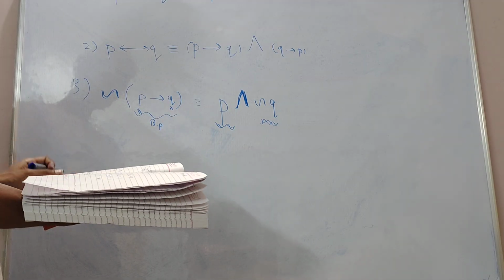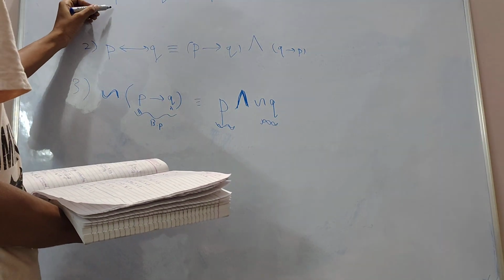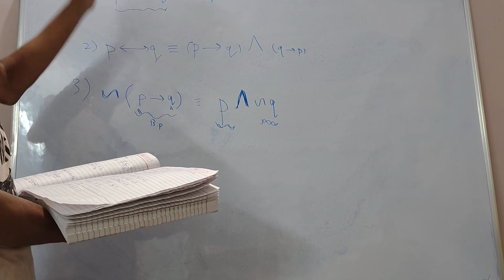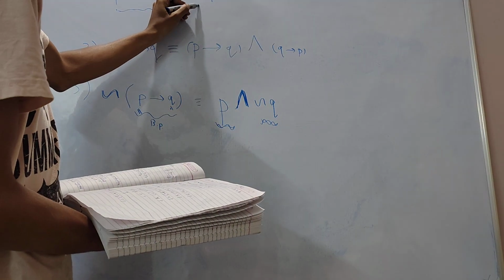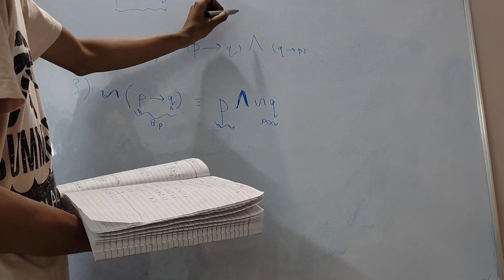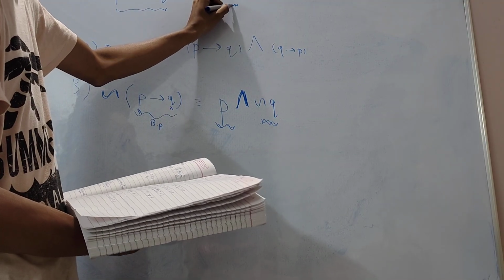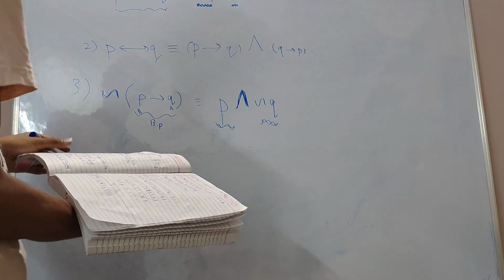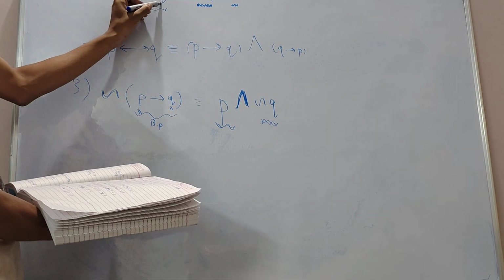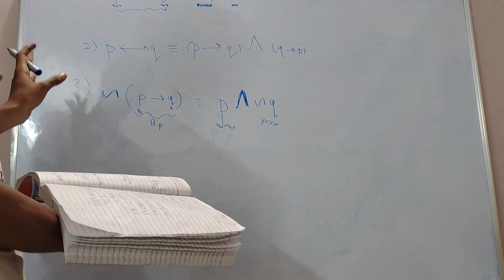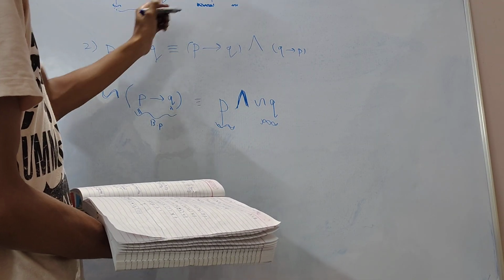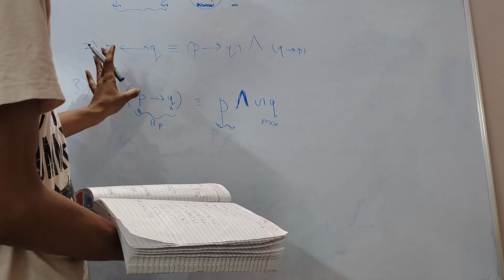And the first one is, suppose this means P happens and then Q happens. Now if P does not happen, right, then Q might happen, right? Suppose it is raining. Raining means P and I will carry umbrella. Umbrella means Q, right? Now it is not raining, then this statement is never violated, right?